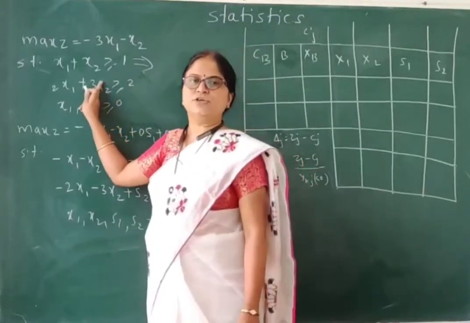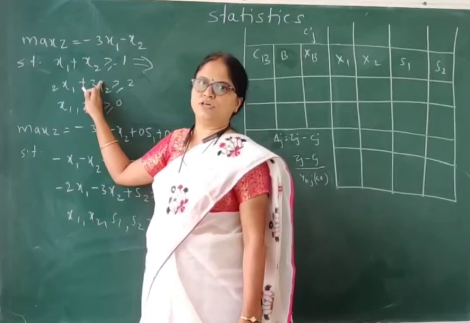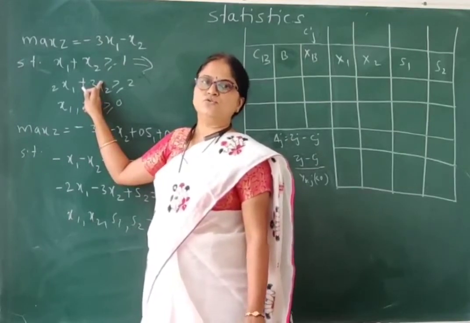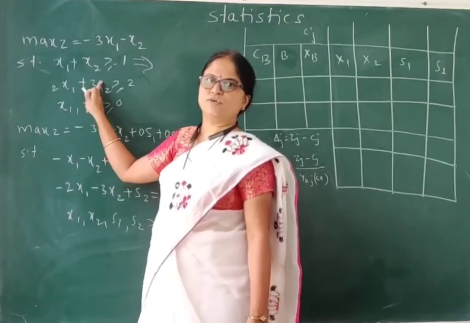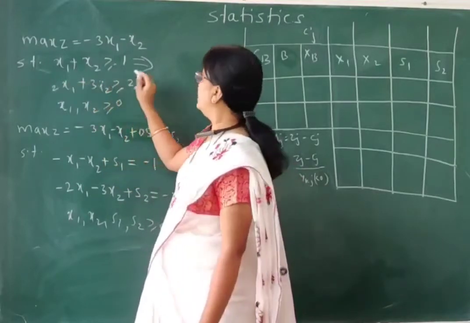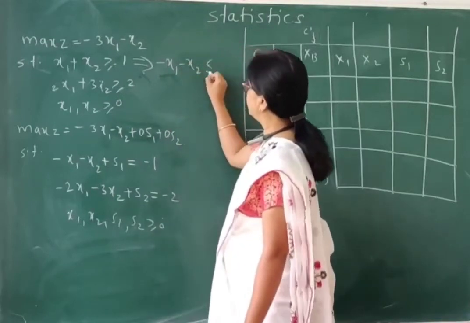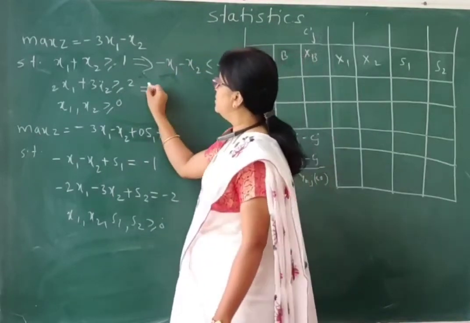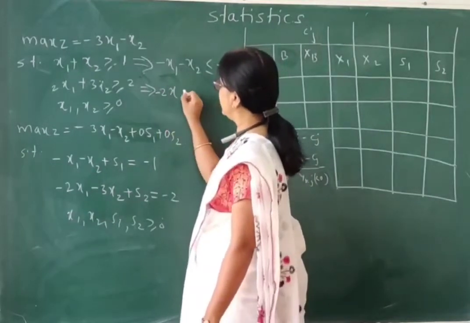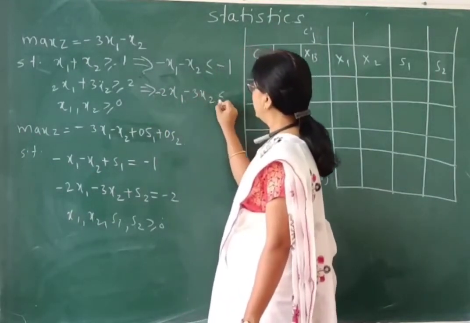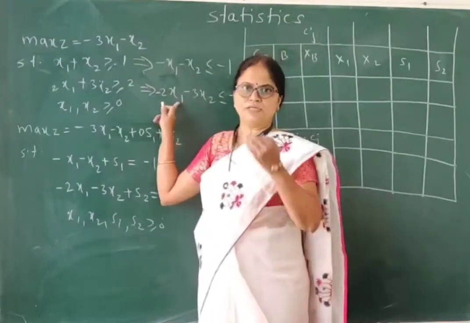If it is greater than or equal to type, then we must introduce an artificial variable, and to avoid this, we convert the inequality to less than or equal to type by multiplying by minus 1. So minus x1 minus x2 less than or equal to minus 1. And the second equation is minus 2x1 minus 3x2 less than or equal to minus 2. So we consider our problem in this manner, right?